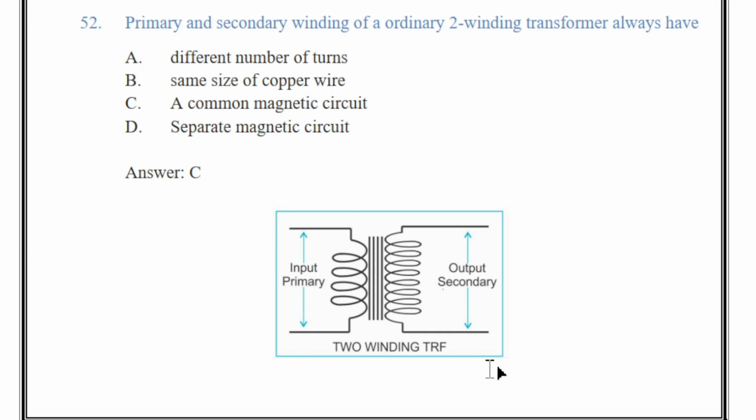The primary winding is the winding to which the supply voltage is applied, and the secondary winding is the winding to which the load is applied. This is irrespective of the voltage levels. In a step-down transformer, the primary voltage will be higher than the secondary voltage, higher input than output voltage. In a step-up transformer, the primary voltage will be lower than the secondary voltage, lower input than output voltage.